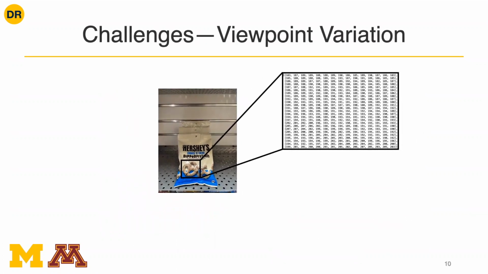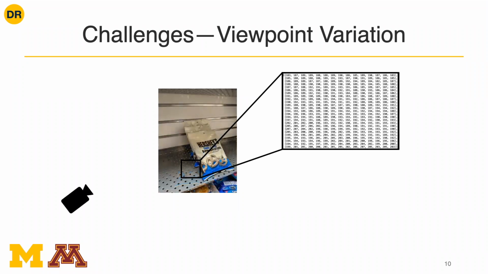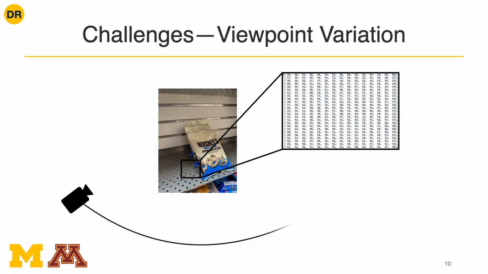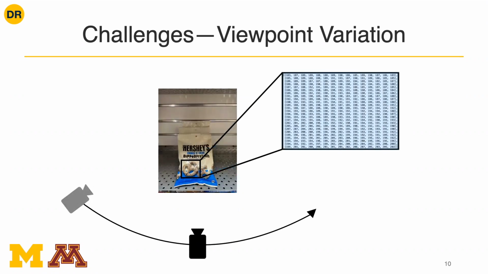The other thing to note here is that as soon as there is a viewpoint change, for instance, if the camera is moved to a different location, we see a different set of numbers that we are inputting to the algorithm, right? It changes drastically. Even with a small change in the viewpoint, the particular portion in your image changes quite a lot.